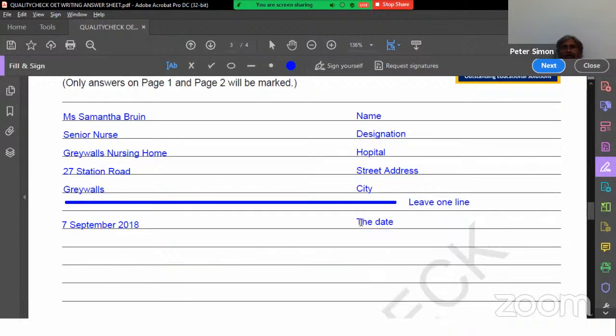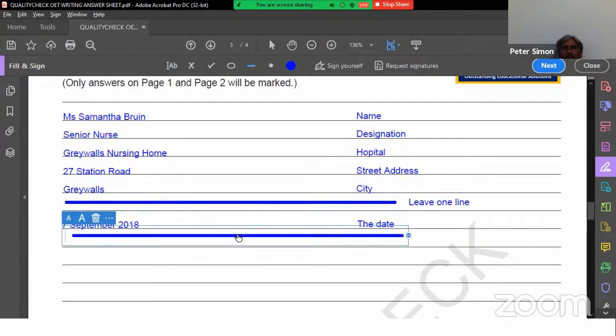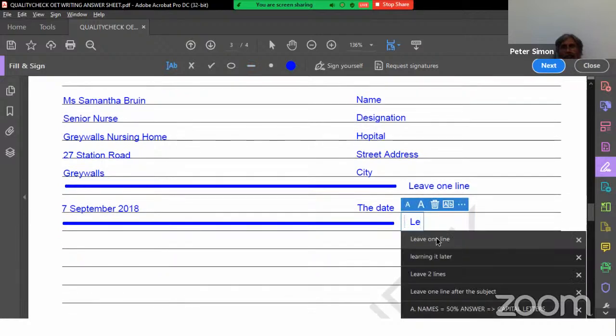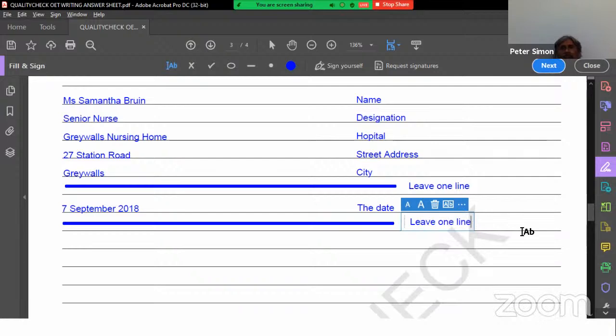So the date. Once this is done, another line you have to leave. So leave one line.